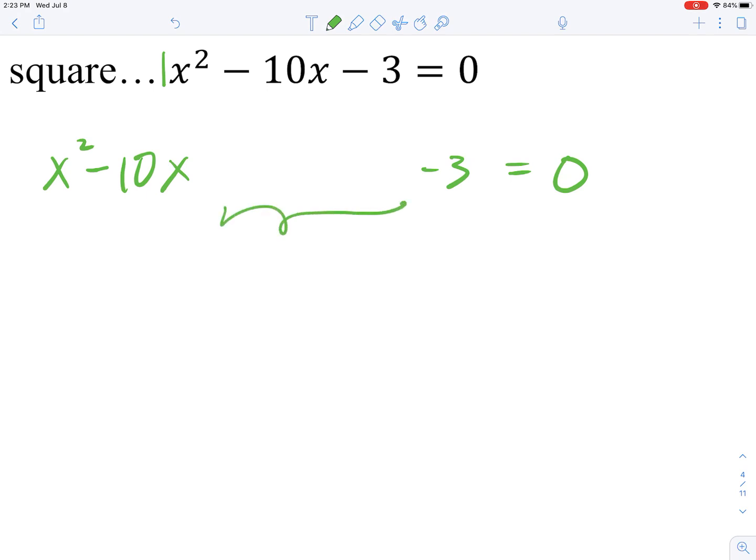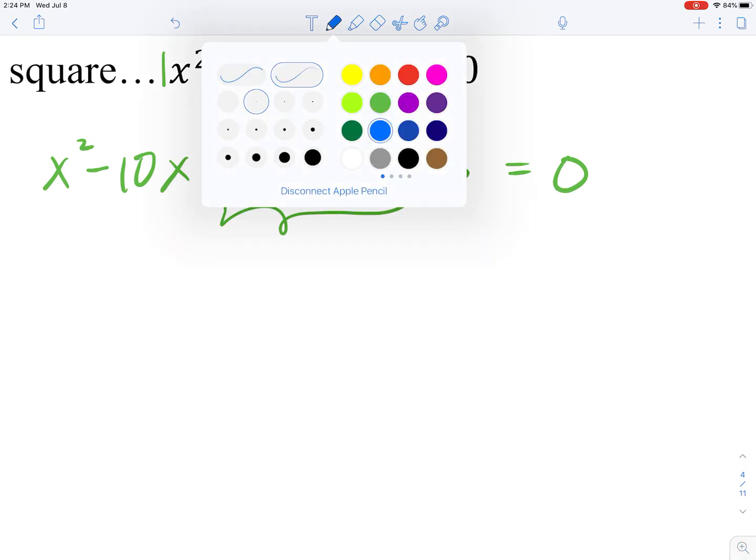Okay, so first thing I'm going to do here is rewrite this, leaving space between the negative 10x and the minus 3. Because what I'm going to do is add 0 to the left-hand side. If I add 0 to the left-hand side, it's not going to change its value, so the equation remains the same, meaning the left-hand side equals the right-hand side.